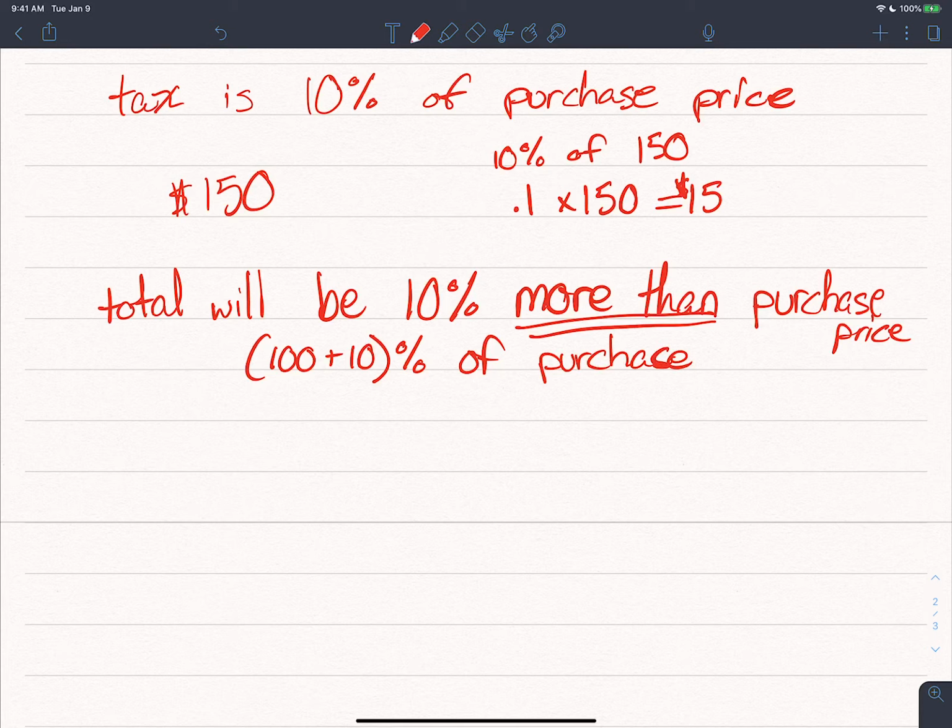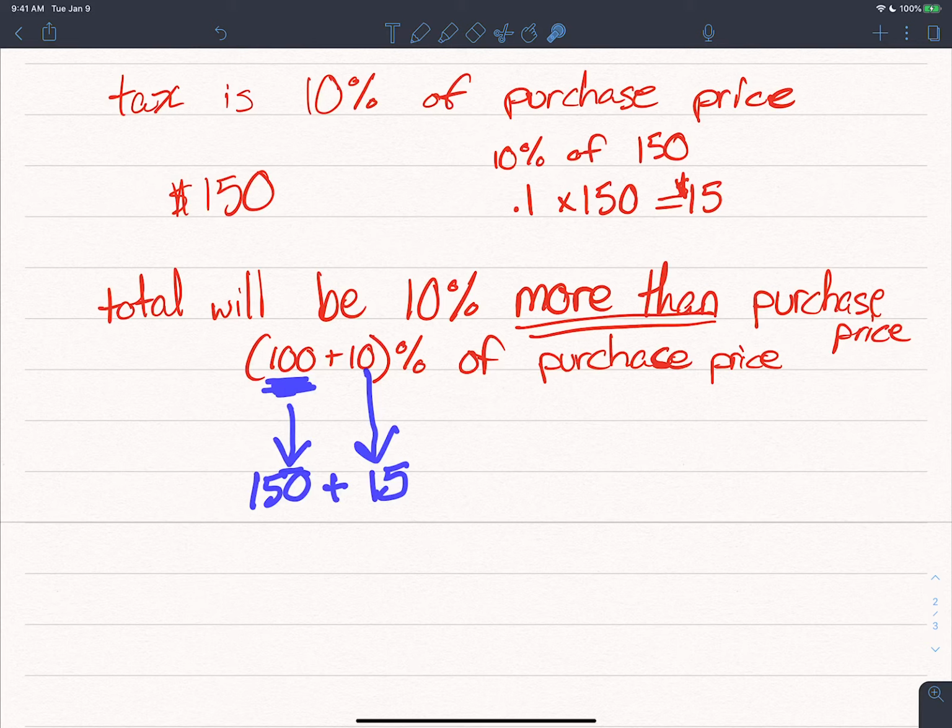So this is where more than comes in, and it gives us a little more, because with the more than, we have to add in this 100, right? The idea is that this 100% is what you're paying for the thing, and this 10% is the tax. So you're basically doing what you pay, plus the tax.